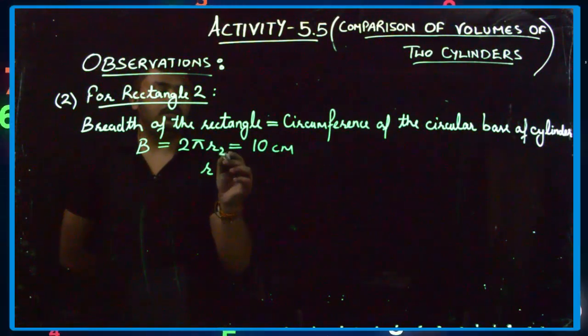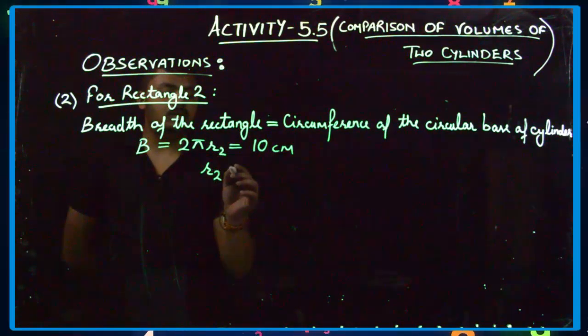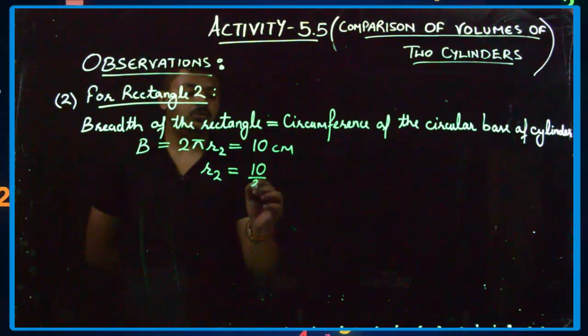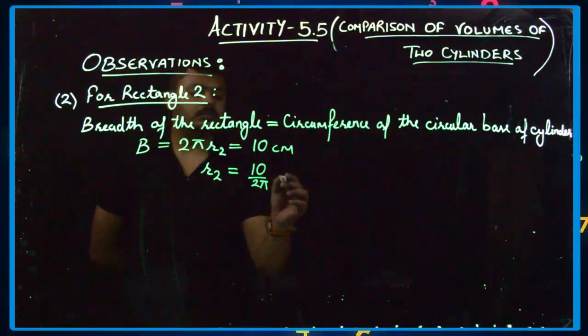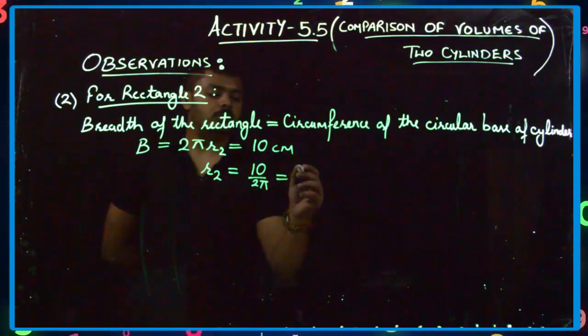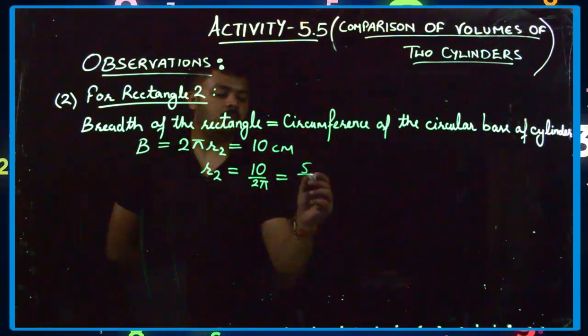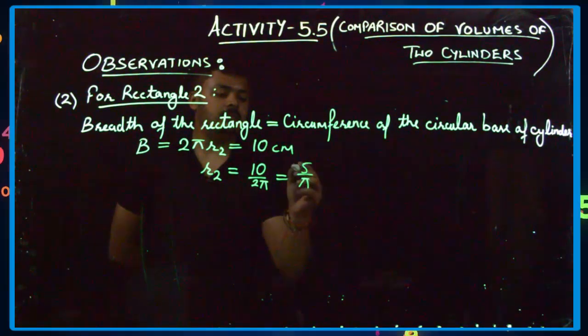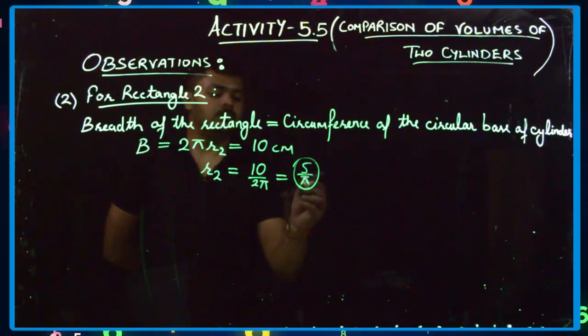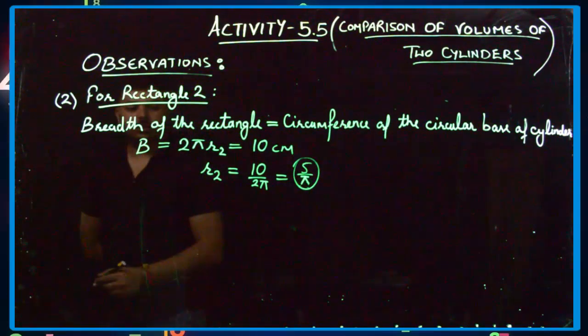Let us assume the radius as R2. So R2 is equal to 10 upon 2 pi equals 5 upon pi. So this is radius R2.